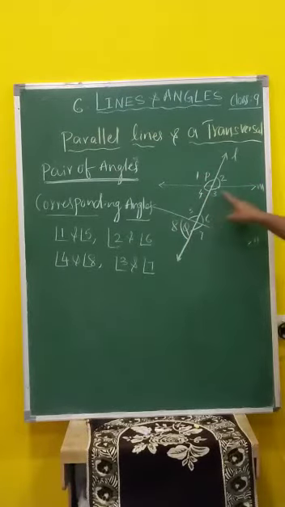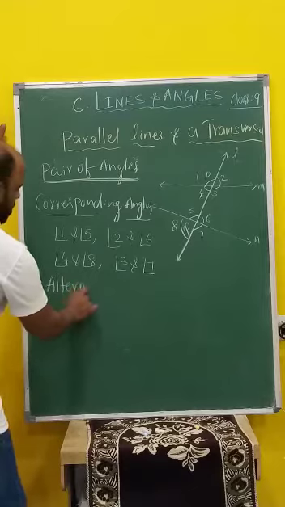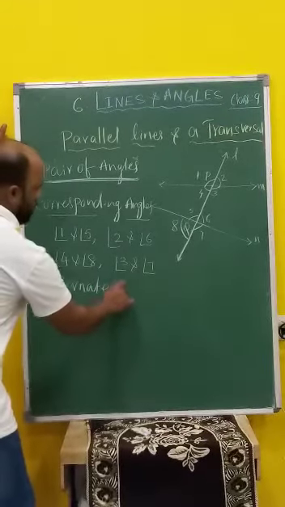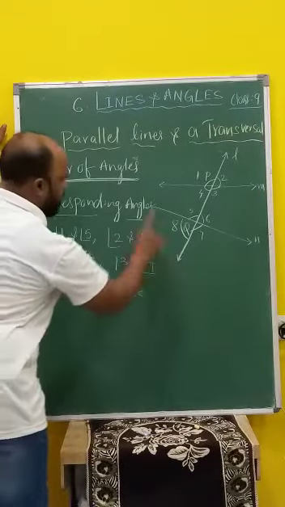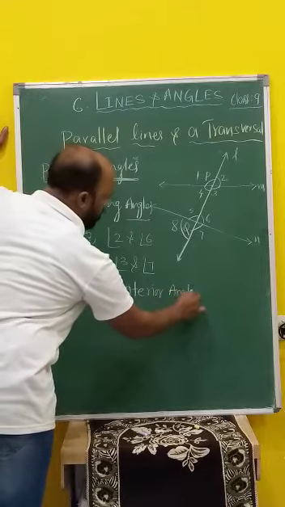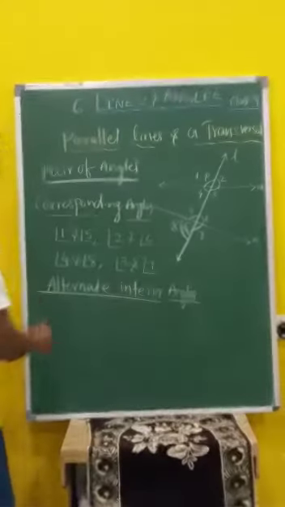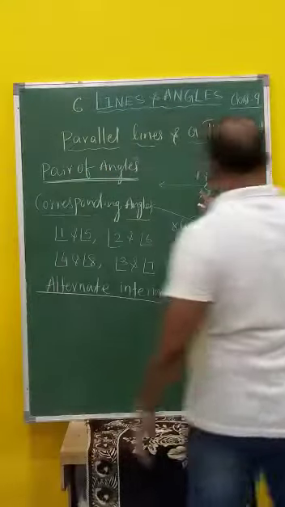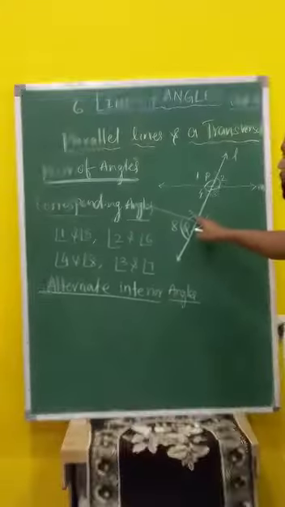Next we will go for the alternate interior angles. Interior means inside, and alternate. One by one, 4 and 6, and 3 and 5.